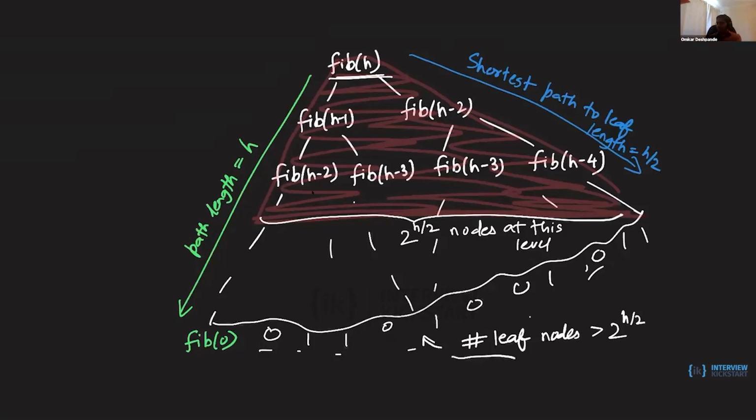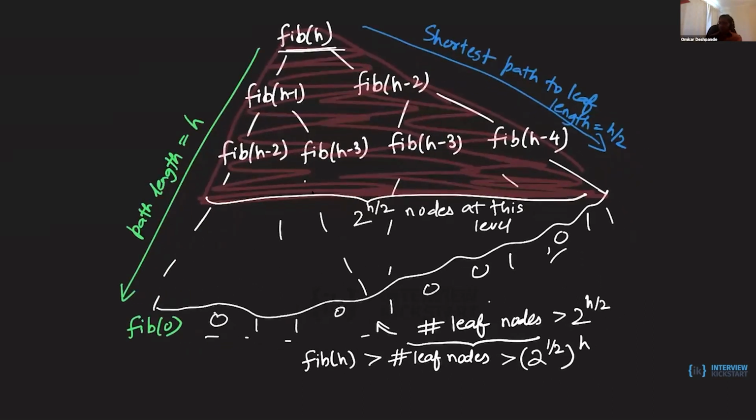And because each leaf node is either a 0 or 1, the value of fib of h is going to be greater than or equal to the total number of leaf nodes in the tree, which is greater than 2 to the power h by 2, which can also be written as square root of 2 to the power h, which is basically 1.4 to the power h.